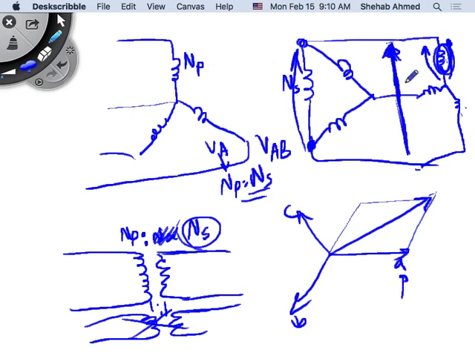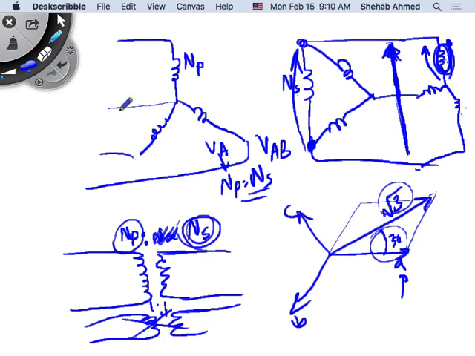So now I have to find the relationship between these two, the line voltage here and this. The line voltage is square root of 3 larger and leads by 30 degrees. Right? So now the full turns ratio will have the effect of the actual physical turns ratio of the transformer, as well as a square root of 3, as well as a 30-degree phase shift.